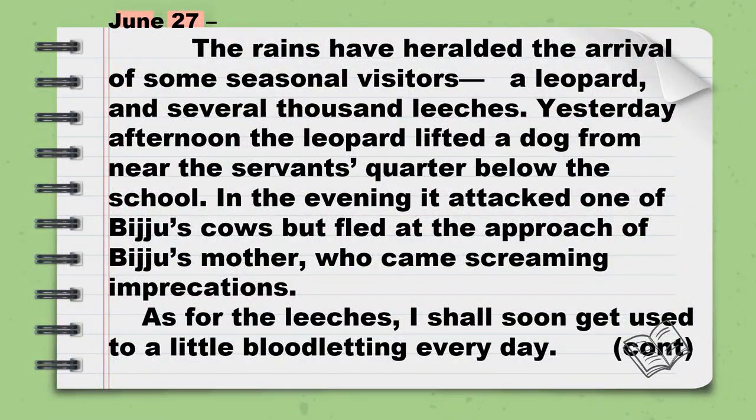Not only this, in the evening, it attacked one of Biju's cows but ran away as soon as Biju's mother came cursing. And with the leeches, on the other hand, the writer says that he must get used to losing a little blood to them every day. So as I was saying, leeches were used for blood therapy also.